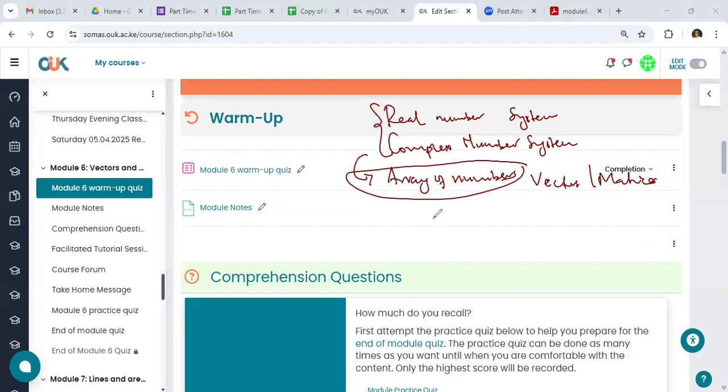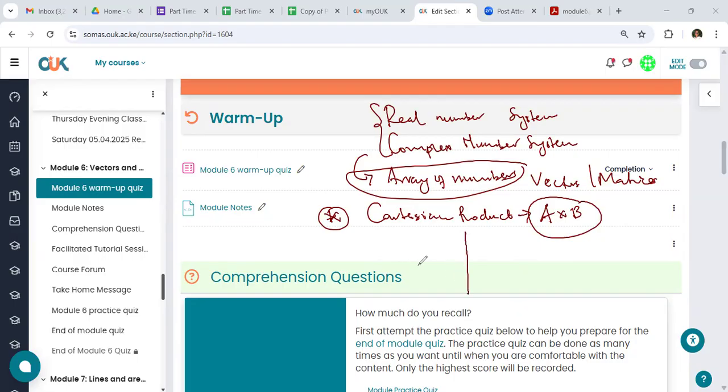We shall start first of all with vectors, and we look back at the Cartesian product, where in our module 2, we defined the Cartesian product as the set of ordered pairs of elements in two sets A and B. And out of the Cartesian product, we had the geometrical representation on the Cartesian plane.